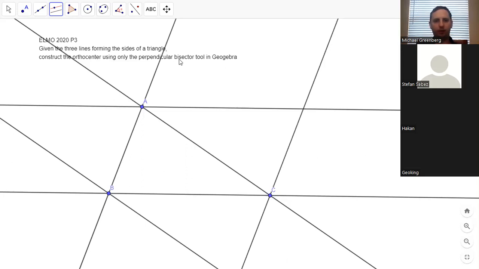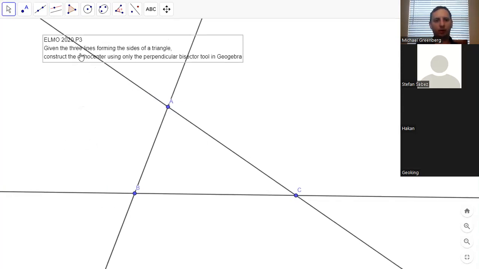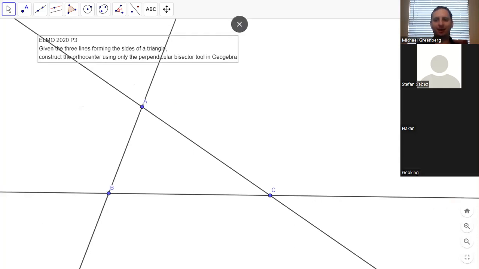And circumcenter we can just do using the perpendicular bisector tool. Yeah, that's what I'm saying, and I get it now. So is there a way that we can get a line through A parallel to BC?